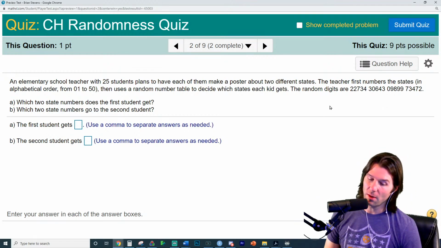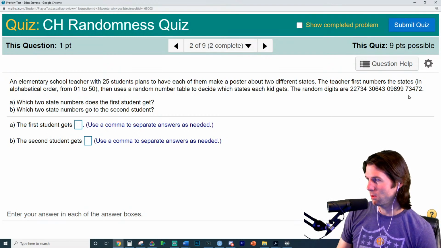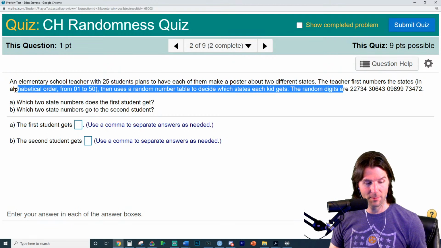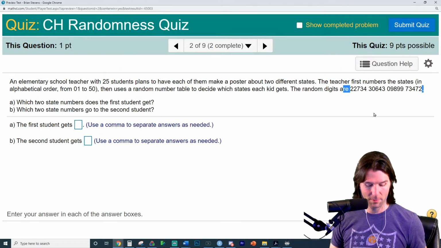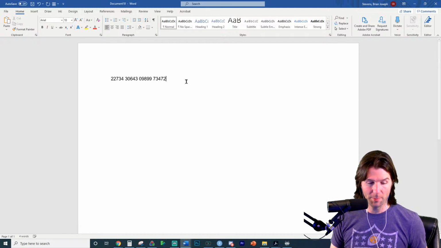The random digits are listed here. What really confuses people about this problem is the way the random digits are organized. Here's a better way to do this. And I wish we could, oh man, my Pearson, why do you do that? My Pearson really is bad about copying sometimes because the way they generate the numbers, it doesn't let you copy them. Let me show you again how I copy these.